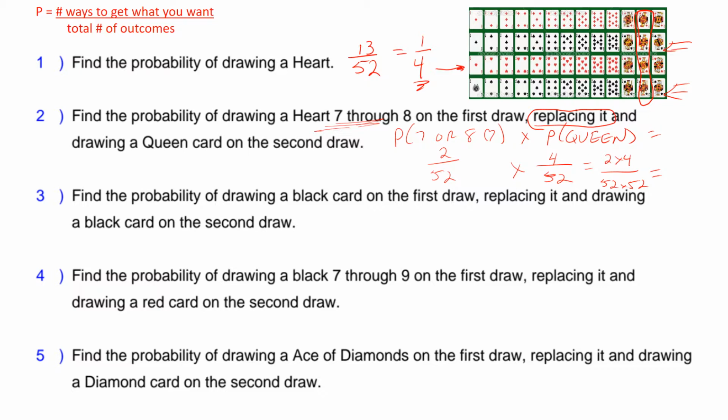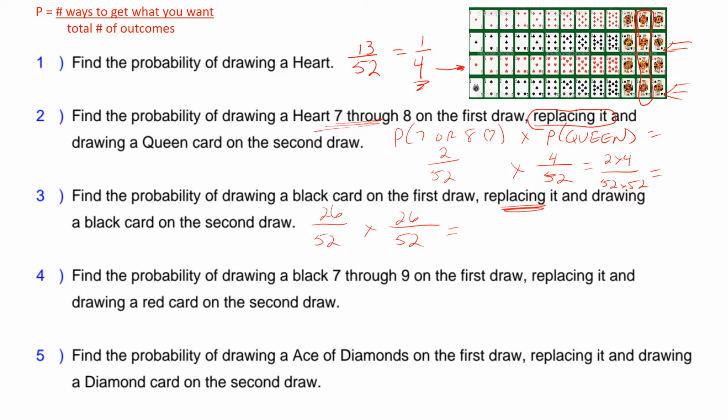That means there's 13 times 2, 26 ways for me to get a black card, and there's 52 cards in the deck. I want one thing and then another, so I'm going to multiply them. Again, I put the card back after I do the first one, so I'm going to have 52 cards to choose from the second time. And again, I want to draw a black card, so that's going to be the same probability as the first, and I'll leave the multiplication to you.